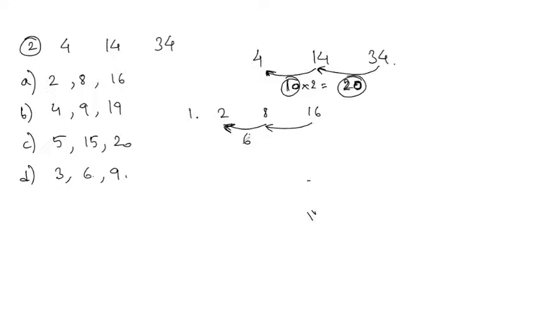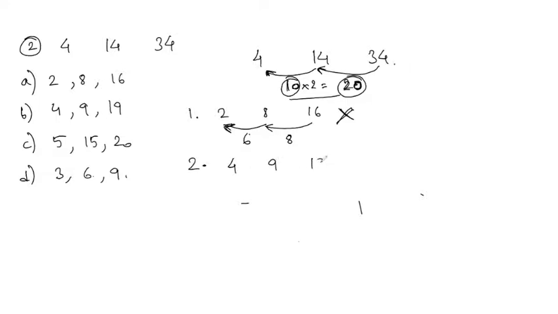Next difference? 16 minus 8. Is it matching this rule? 10 into 2 is 20. Is it matching? What is 6 into 2? 12, but only 8 is there. So it is not correct. It is not following that rule. Okay, let's check the next one.